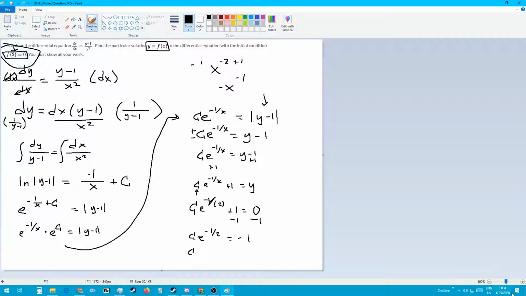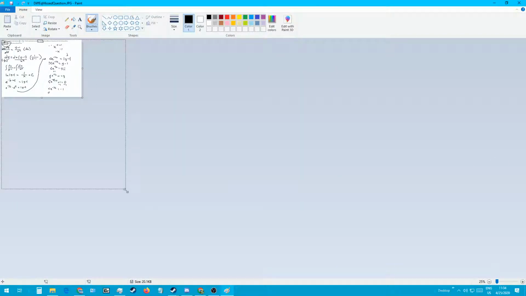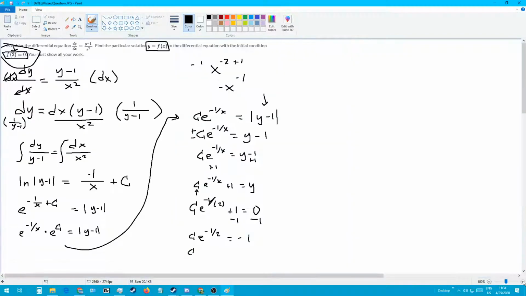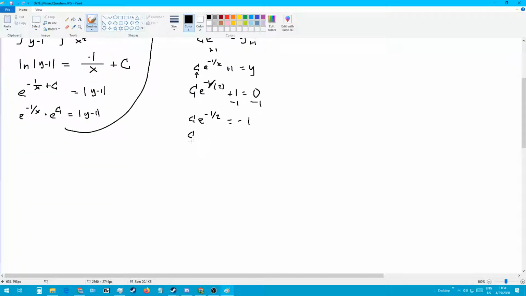C, let me extend this real quick. c times 1 over root e equals negative 1. We want to isolate our constant, so we multiply both sides by root e, and then we get c equals negative root e.